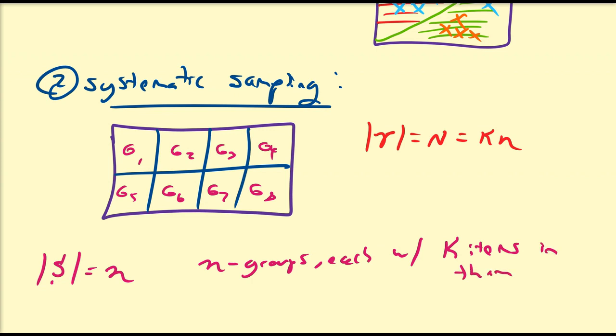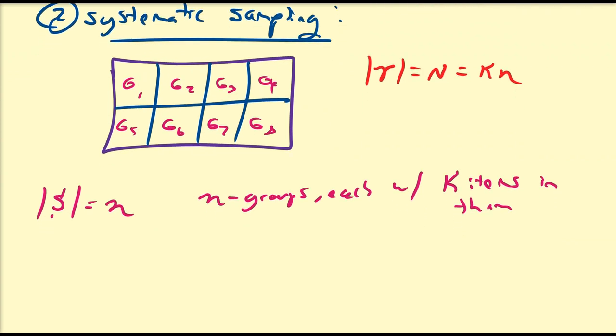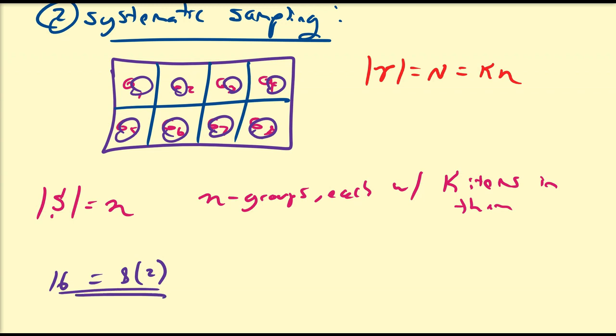Then we can select a particular sample from each of them. For example, let's assume we want 16 people. We can grab 2 from there, 2 from there, 2 from there, 2 from there. So that's going to be 8. And then we can grab 2 more from each of those top categories. So we have 8 categories, and we can select 2 from each of them. So we have that particular idea.